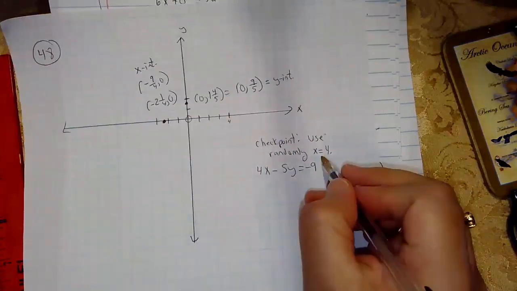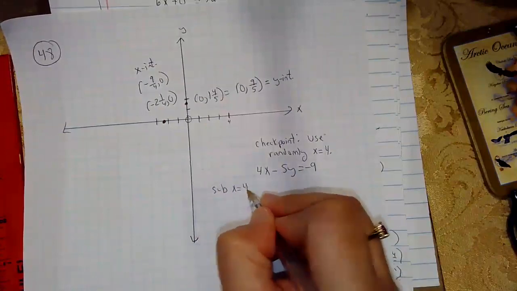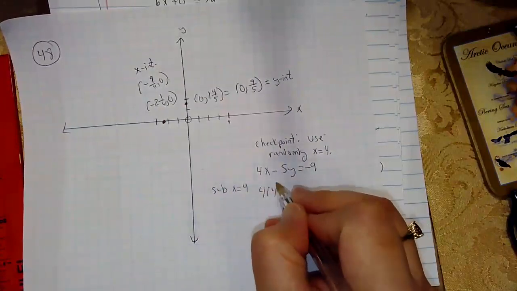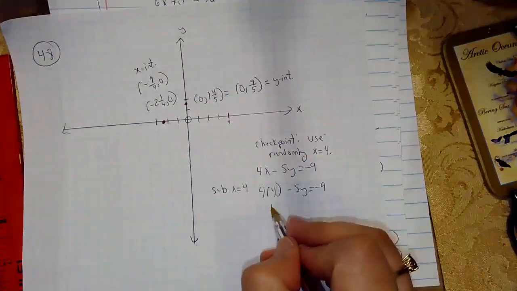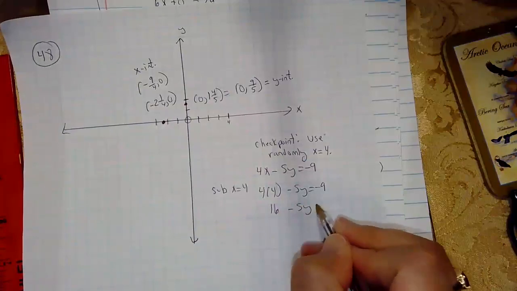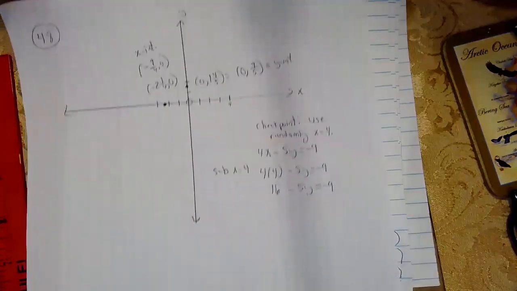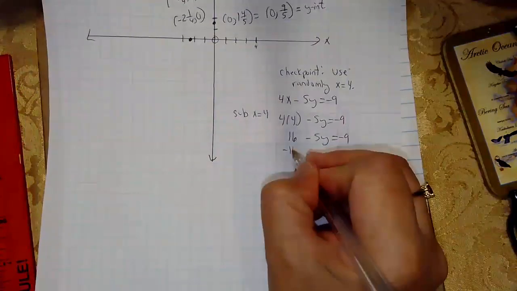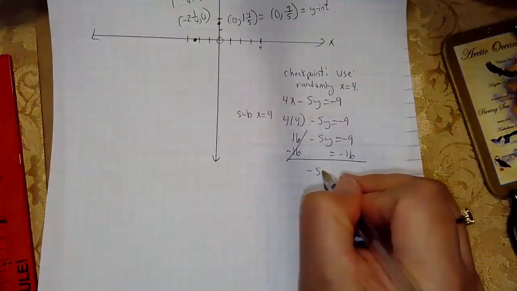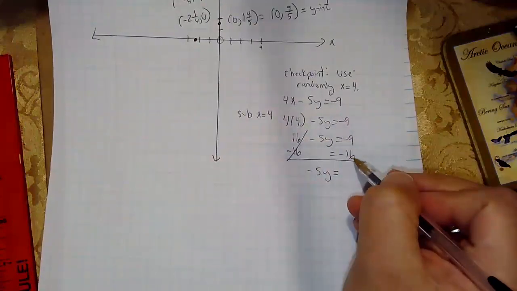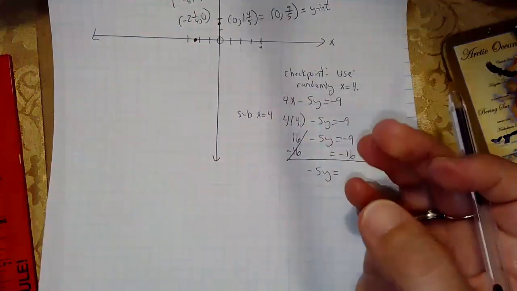And everywhere I have an x, I'm going to sub x to be 4. And 4 times 4 is 16. And then I'm going to have to solve for y. So I'm going to subtract 16 on both sides. So let me use my finger. 16, 17, 18, 19, 20, 21, 22, 23, 24, 25.